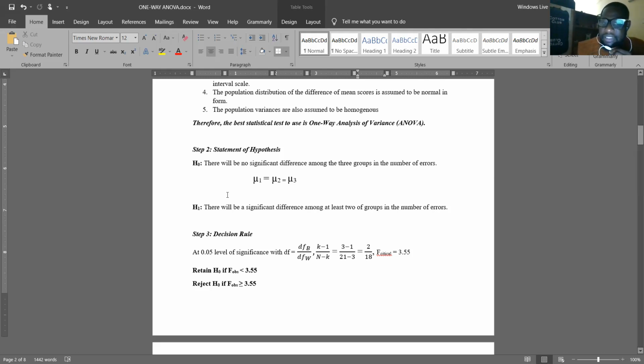And one thing about ANOVA is that we don't represent symbols for H1. You just indicate symbol for H0. That's mu1 equals mu2 equals mu3. So if the groups are 4, you add mu4 to it. If they are 5, you add mu5.